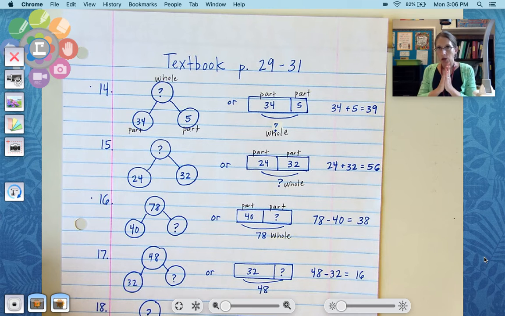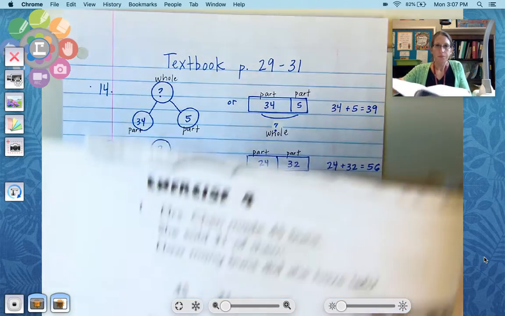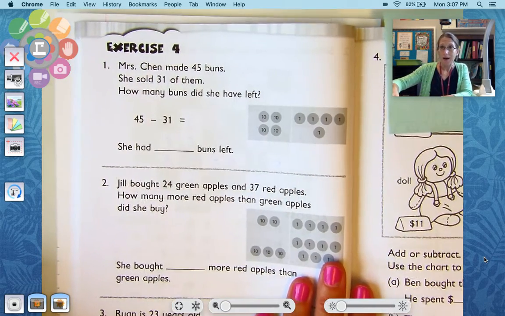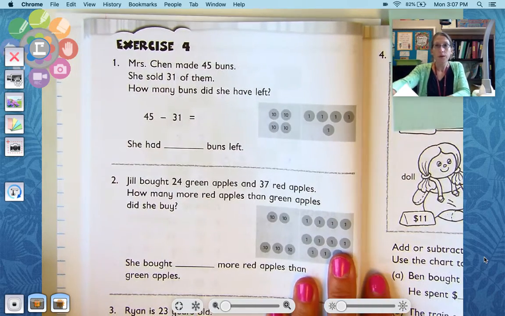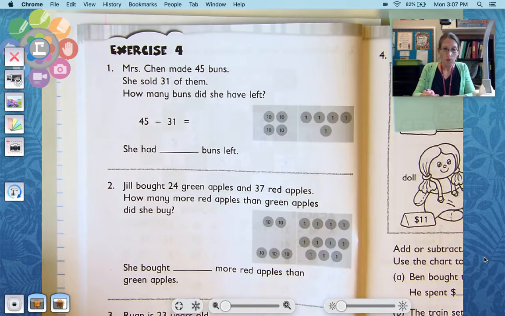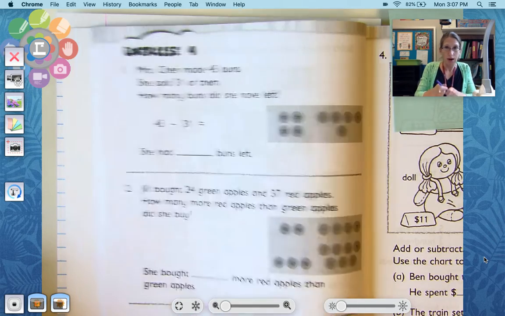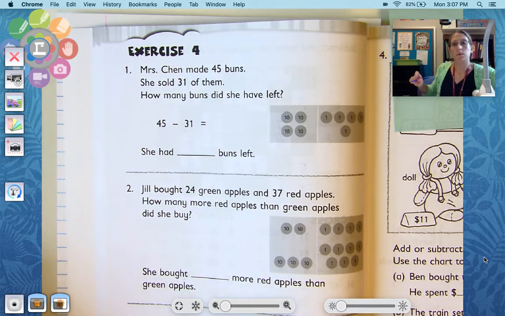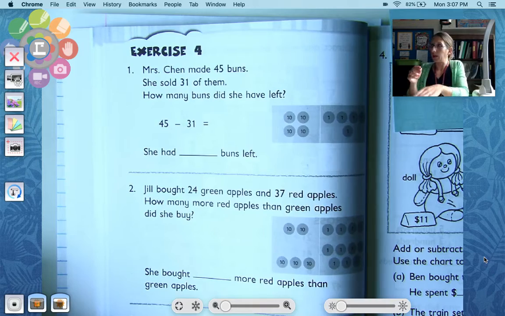All right, so your homework for today is pages 36 and 37. I would like you to try unit bars or number bonds. Oh, my lights went out again.